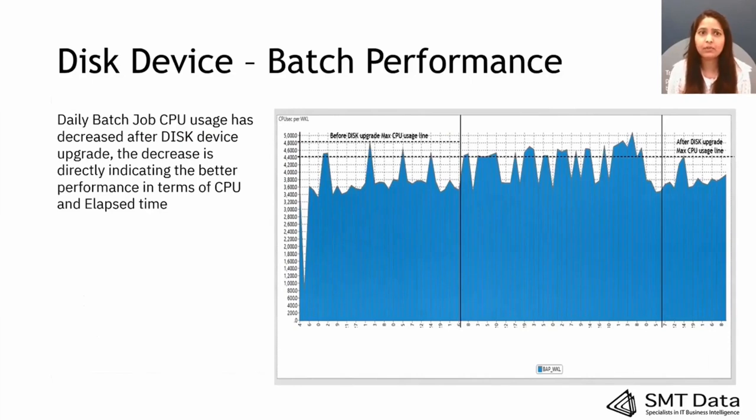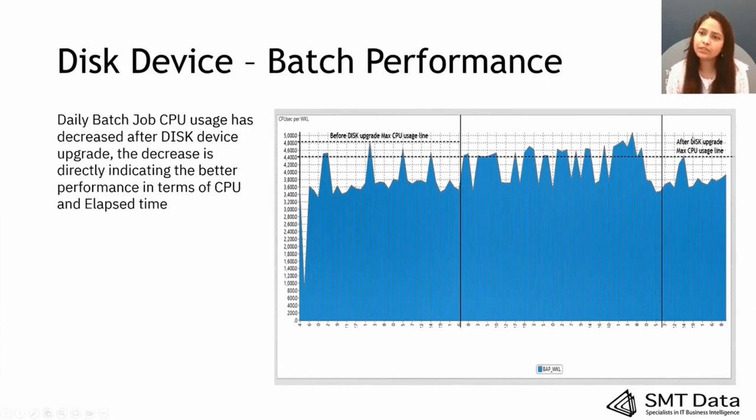Whatever I said in the previous report is related to this one too. This graph shows the CPU usage of one batch in the same period, before and after the disk upgrade. Before the disk upgrade, the batch consumed approximately 4,800 CPU seconds.